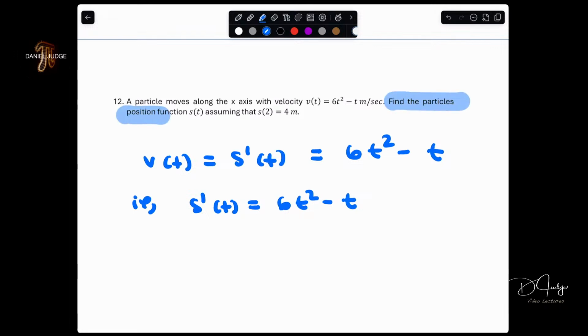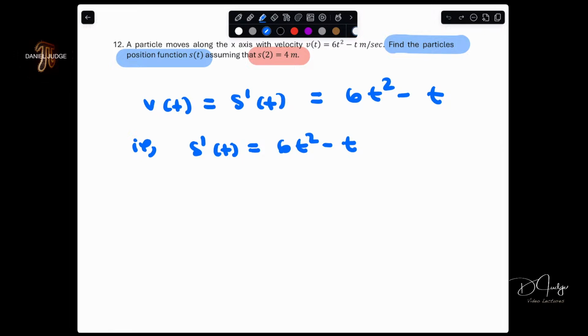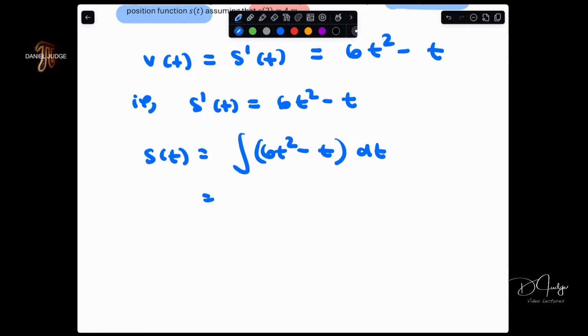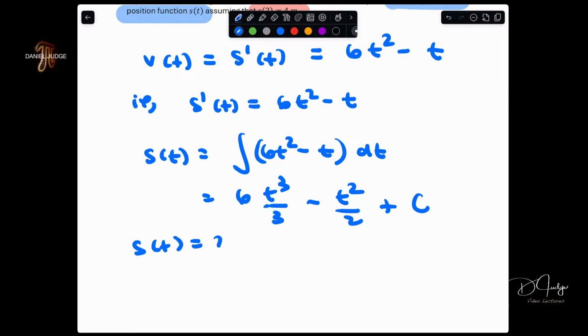Find the particle's position function, s of t, subject to this condition. It's a differential equation because s of t is the antiderivative now of 6t squared minus t dt. So we get 6 t cubed over 3 minus t squared over 2 plus c. Your position function will be 2t cubed minus 1/2 t squared plus c. There you go.